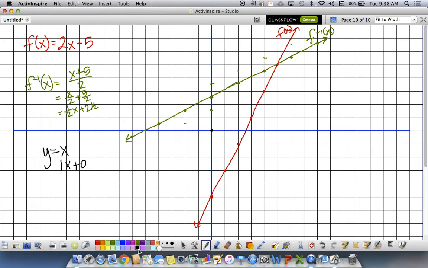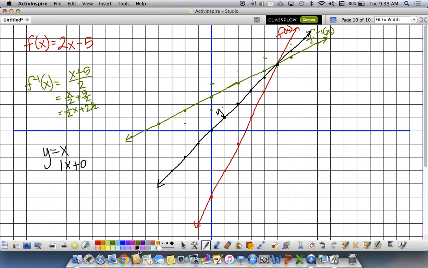Okay, what's my slope? I'm going up 1 and over 1, up 1 and over 1, up 1. Oh, look at there where they meet, where their inputs and outputs are the same. Up 1, over 1. Can I keep going backwards? Down 1 and back 1. I can keep it going forever. Lines go on forever.